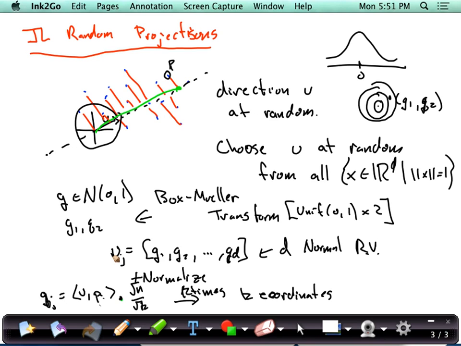I've defined this full random projection ahead of time without looking at the data, just choosing these through this random process based on Gaussian random variables. Then I do the dot product with all my data points. Each dot product I can do basically as fast as reading the data point, and that gives me one coordinate. Because there are k coordinates, it's k times the cost of reading the data point.